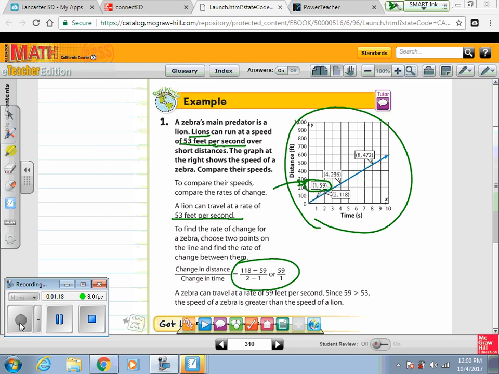This is the slope, if you remember: change of y over change of x. That's what they're doing here. Okay? So obviously the zebra is faster than the lion.